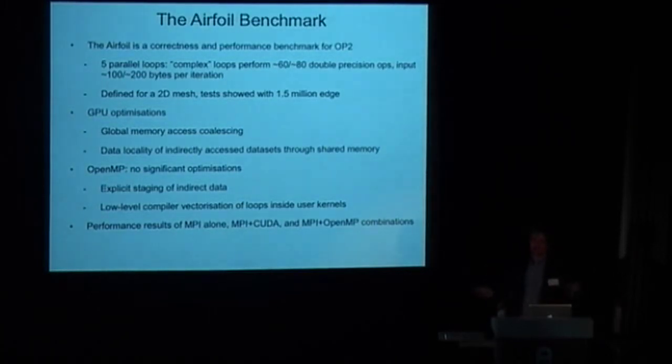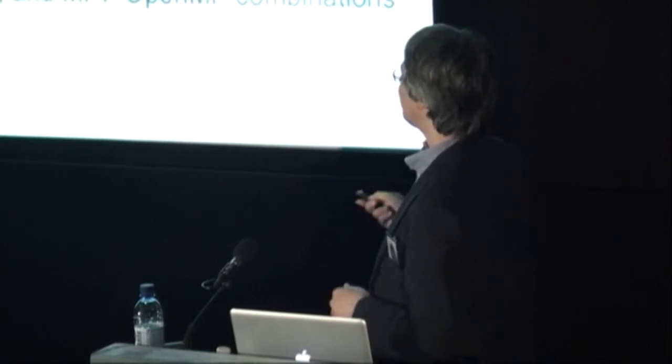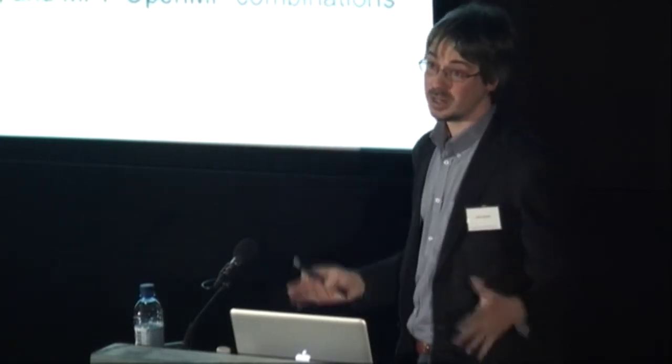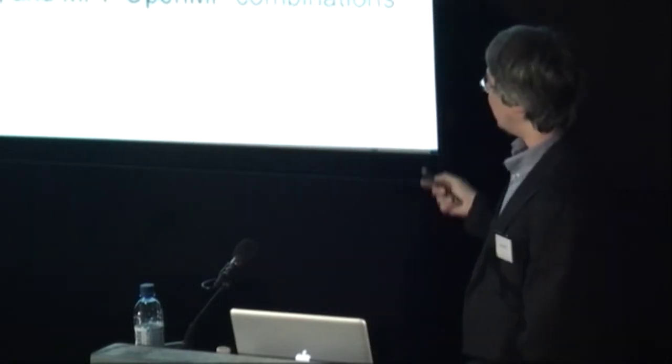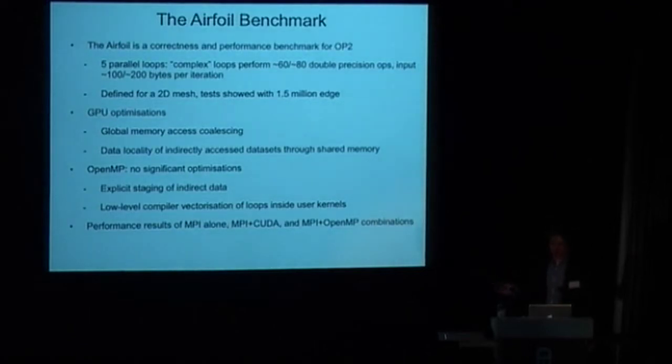GPU optimizations: I usually have a big slide with everything about how we optimize the GPU. I trust that you already all know these kinds of things here. So we do global memory access coalescing by properly mapping thread identifiers into the corresponding global memory identifiers as much as you can. This is based on renumbering of the mesh and having actual data locality.